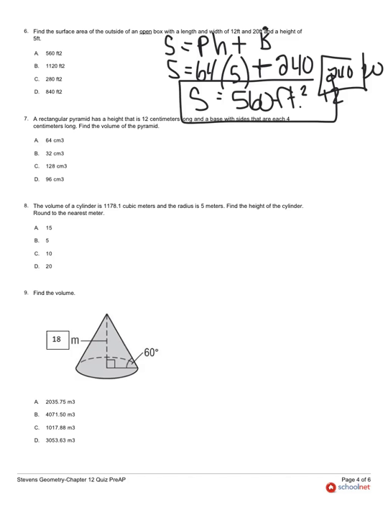Number 7, a rectangular pyramid has a height that is 12 centimeters long and a base with sides that are each 4 centimeters long. Here I have a pyramid. The formula for the volume of a pyramid is 1/3 area of the base times the height of the pyramid.